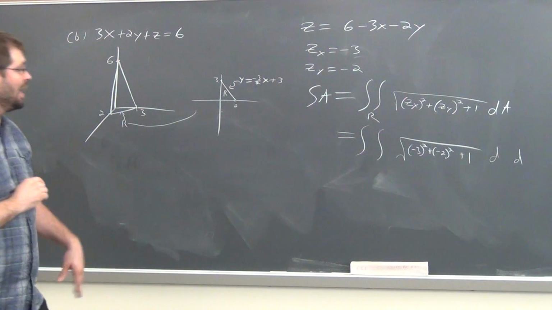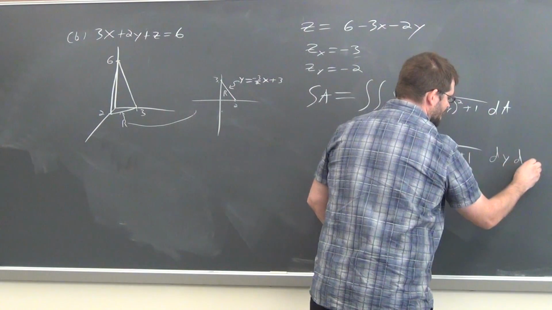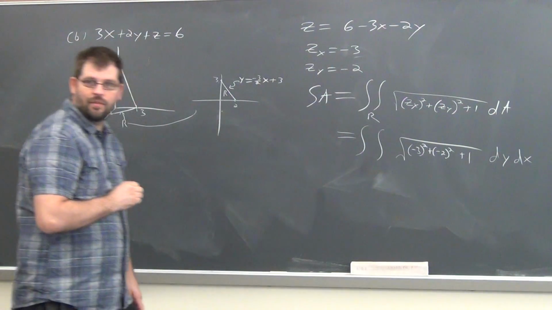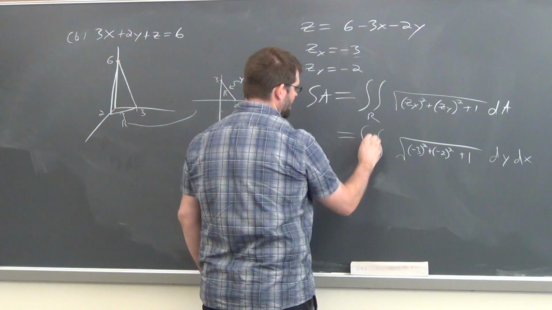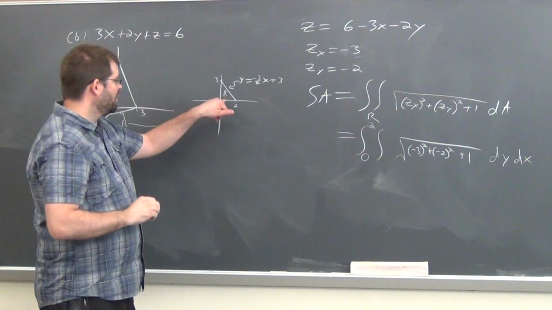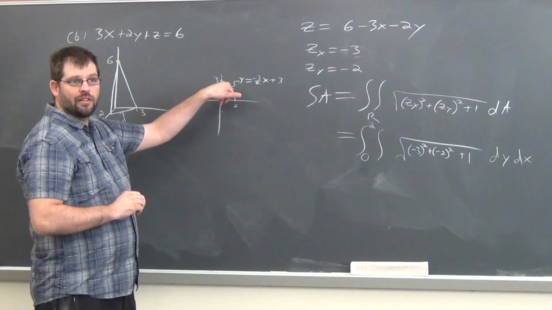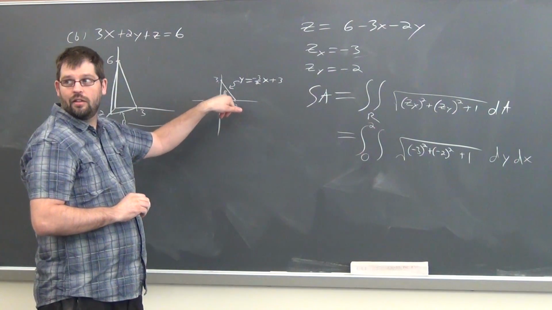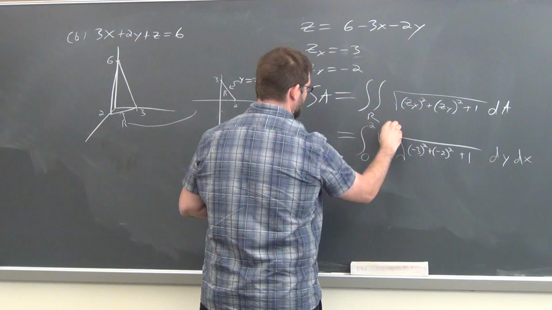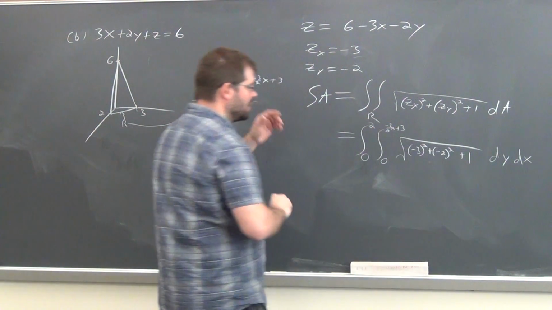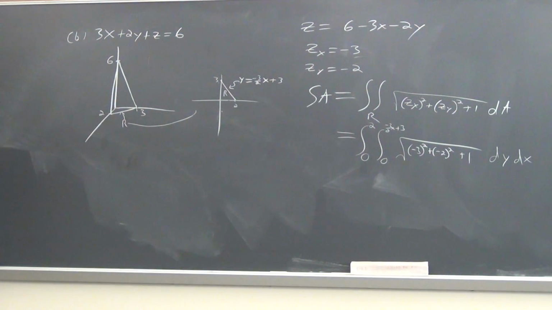Now when I put in those bounds, the way I've written it, it's natural to do dy dx. So on the outside, where do the x's go from? From 0 to 2, good. And then the y's for a fixed x go from 0 till they hit the line, so 0 to negative 3/2 x plus 3. Make sense?